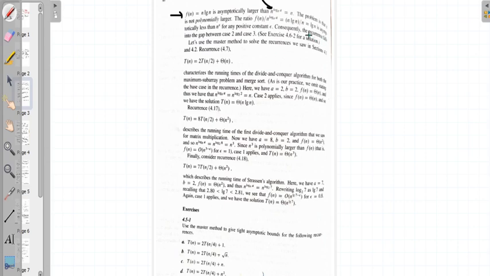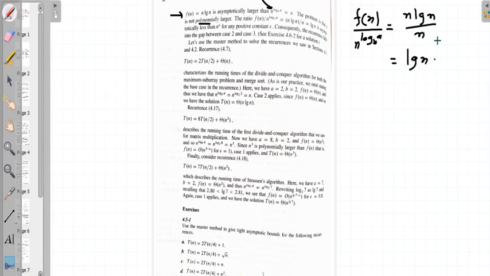But the problem is that it is not polynomially larger. f(n) is n log n and n^(log_b a) is n, so f(n) is asymptotically larger, but not polynomially larger. f(n) divided by n^(log_b a) is n log n by n, which is log n.